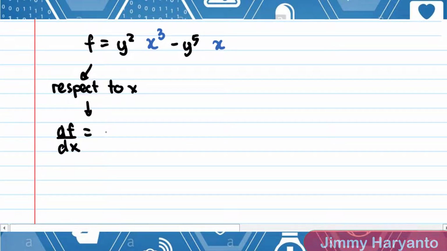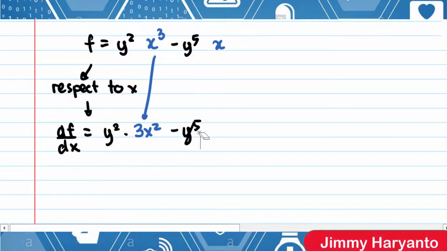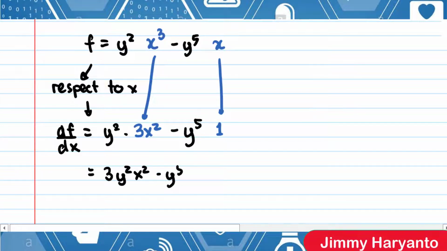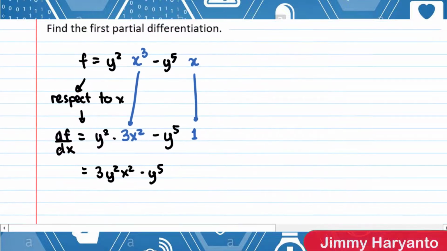Jadi y-nya tetap aja y square times, nggak diapa-apain, you only have to rewrite the y and then differentiate the x, 3x square, and then minus y^5, y to the power of 5, and then differentiate this one, it will be 1. So the differentiation of f with respect to x is 3y square x square minus y to the power of 5. There you go.